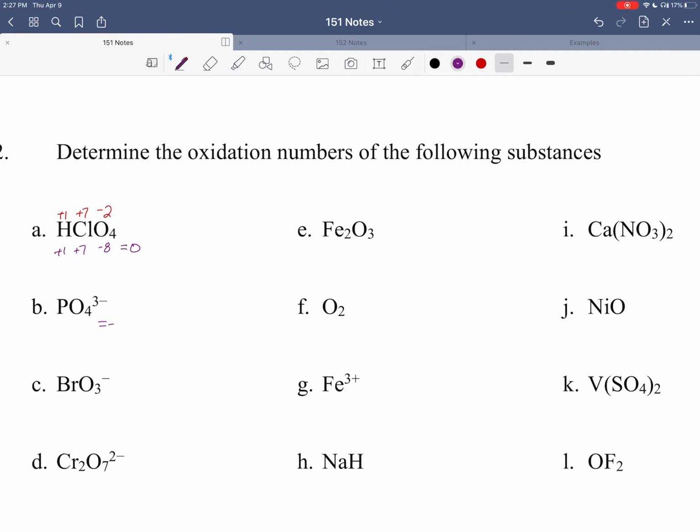B, phosphate, -3. Oxygen is -2. There's 4 of them, so that's a -8 plus 5. Bromate, we add up to -1. Oxygen is -2, -6, that means it has to be plus 5.